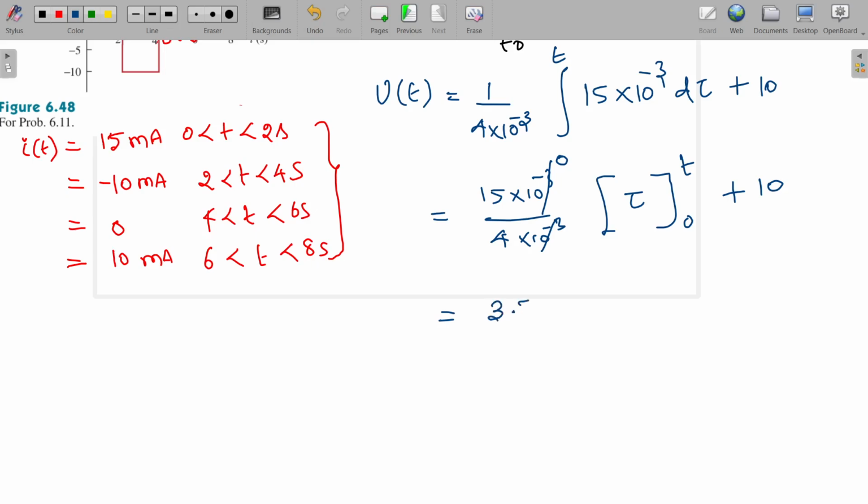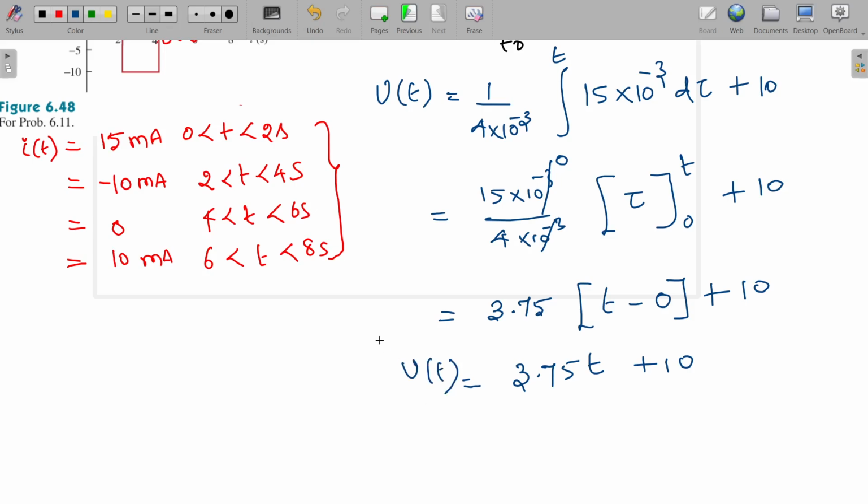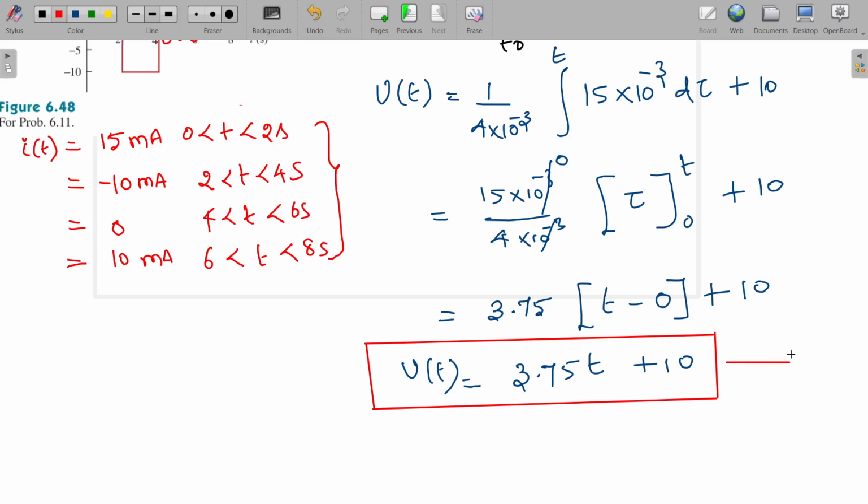Now apply the upper limit minus the lower limit, that is 0, plus 10. So this is equal to 3.75 t plus 10. This is your V of t for the first one, so let me take this as the first equation. This is the voltage equation we have got for the time period 0 to 2 seconds.